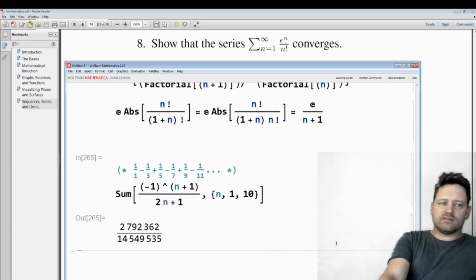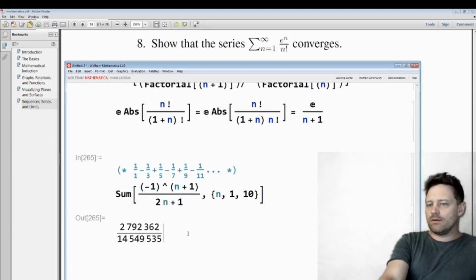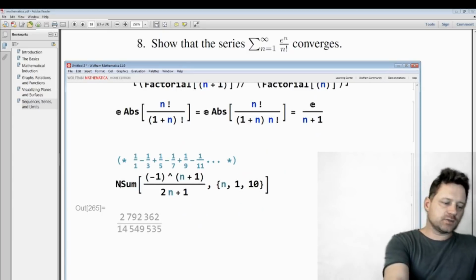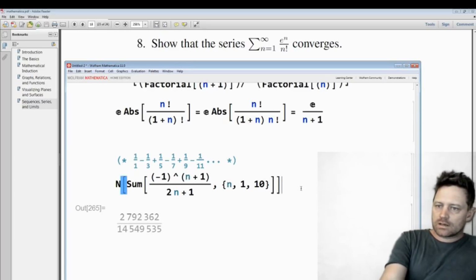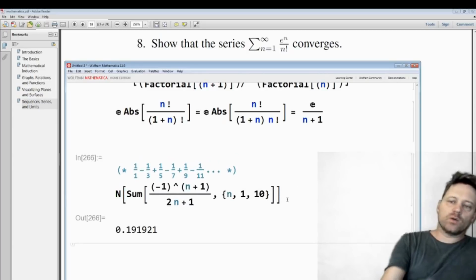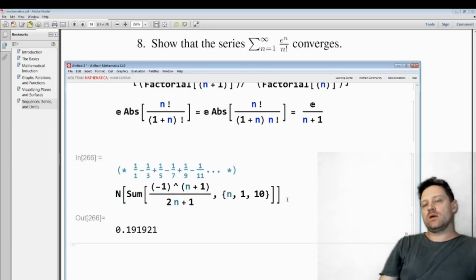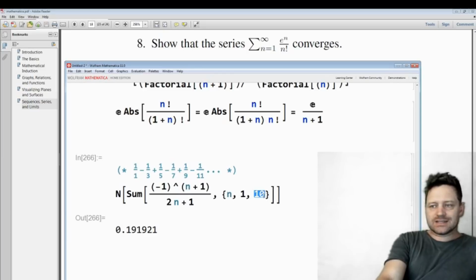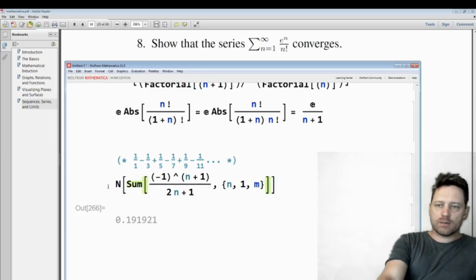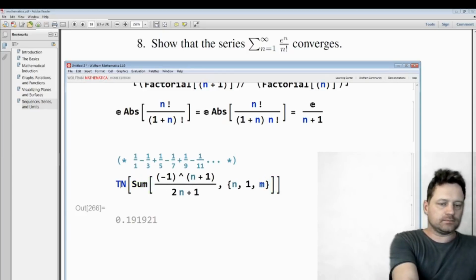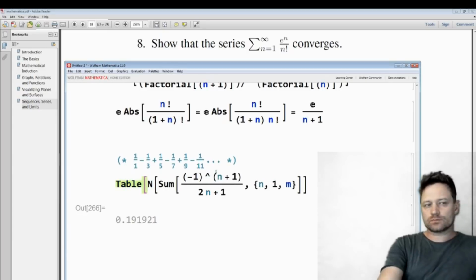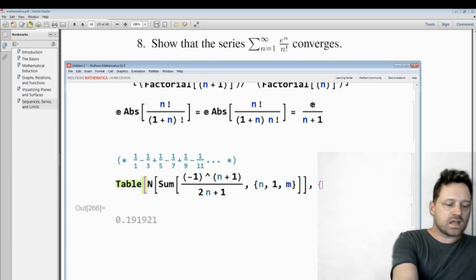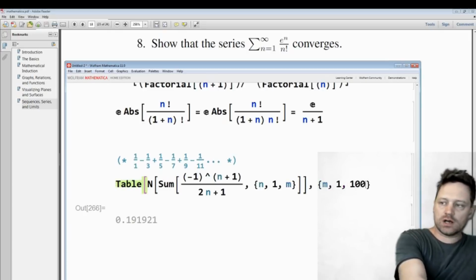Well, we have a fraction. Now let's take a numerical value of that, just as we did before. N, okay, so 0.191921. Now let's change this 10 to an M and tabulate over these. Table, and we'll tabulate M going from 1 to 100. Why not?